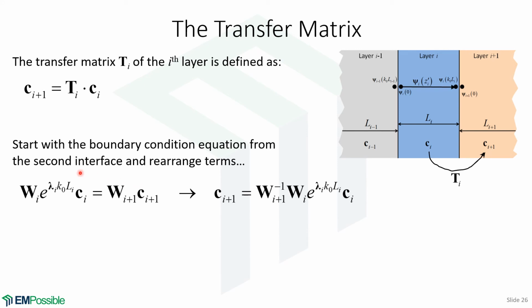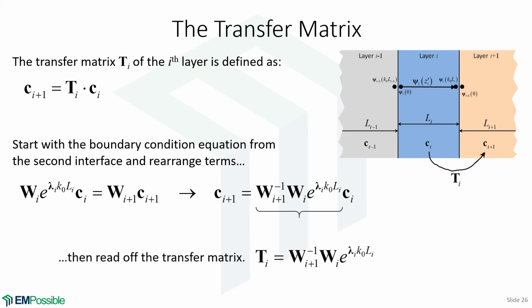Well, let's remember the equation we got from our second boundary. What we can do is solve this for c sub i+1, and we get this expression. Compare this equation to our definition of a transfer matrix. What that shows us is all this business going on here, this is the transfer matrix for the ith layer. And so that's how we calculate it.